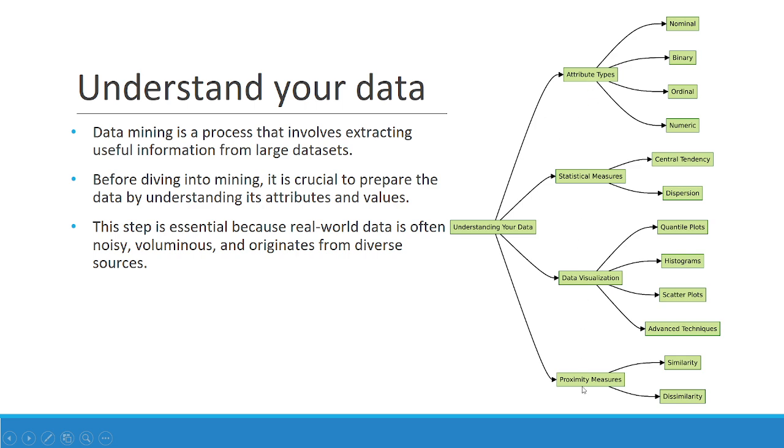So there are four main topics. First we are going to see the attribute types, then we will see different statistical measures to see how your data is distributed. Then we will see how to visualize the data, and lastly we are going to see the proximity measures. In that we'll see similarity and dissimilarity between the data.